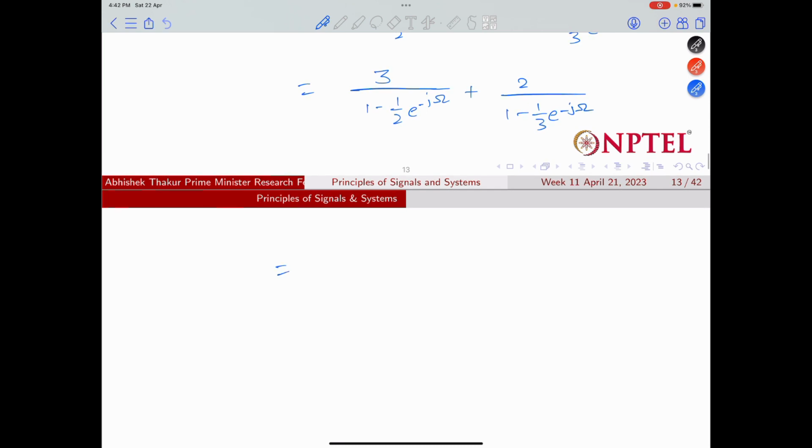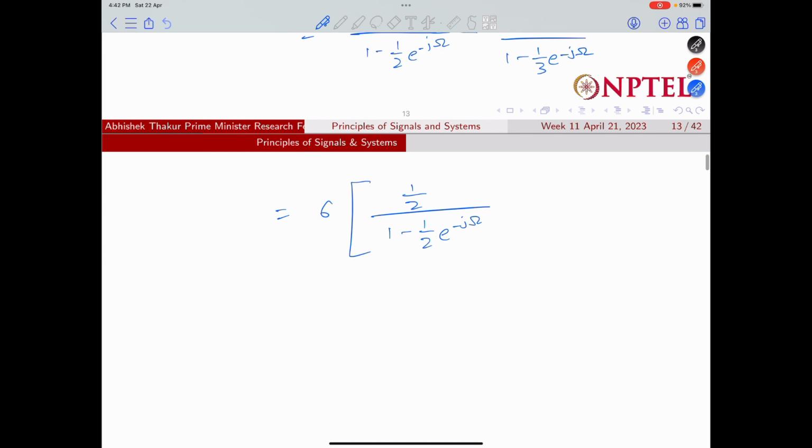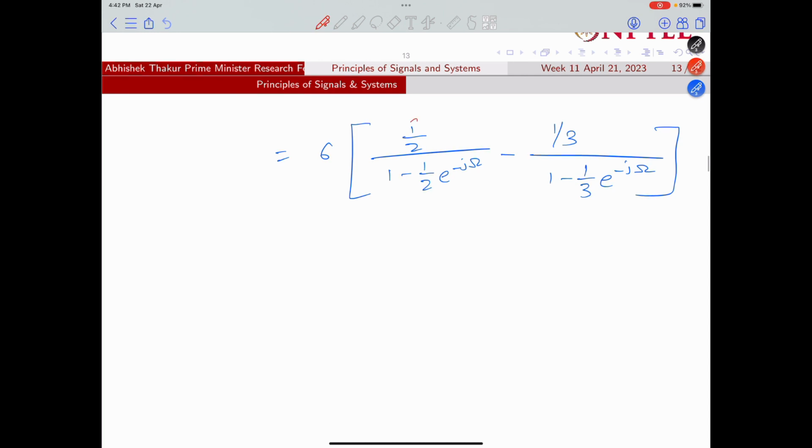Then, if we take 6 common here, it will become 1/2 over 1 minus 1/2 e to the power of minus j omega, and here B will be minus 2, sorry, and this will become minus 1/3 over 1 minus 1/3 e to the power of minus j omega. So now you can see the 1/2 is the same, the 1/3 is the same.